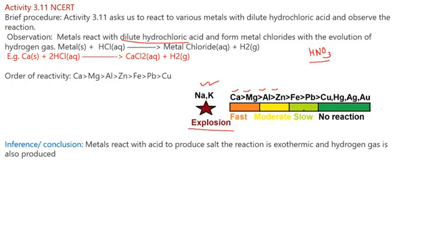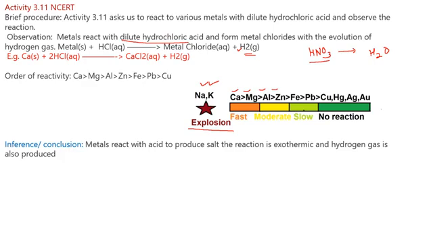We know that hydrogen gas is produced in the reaction, and because this is an oxidizing agent, definitely it is going to oxidize hydrogen. What will happen when hydrogen gets oxidized? It immediately changes into water, right? So that is why we don't take HNO3, because it's a strong oxidizing agent.